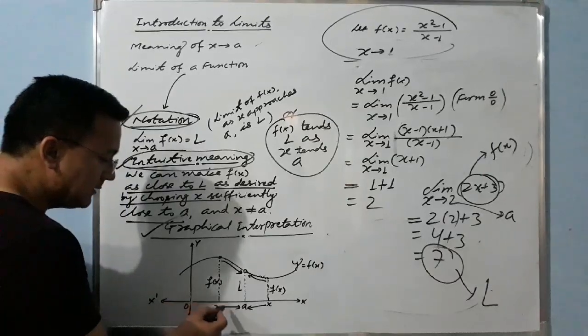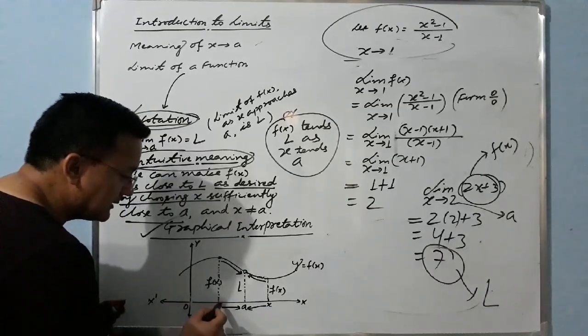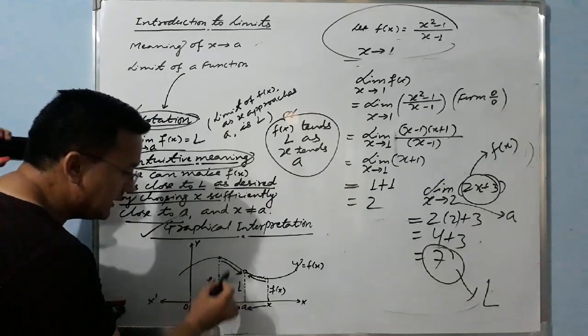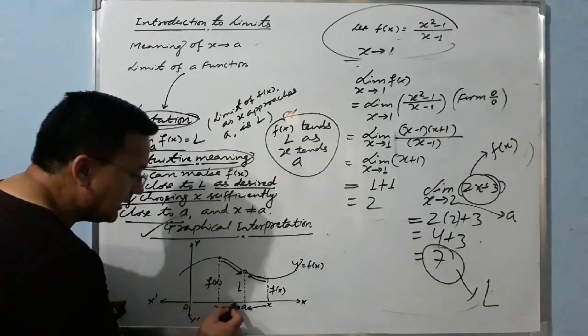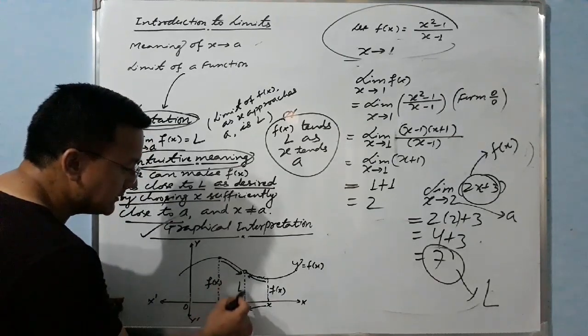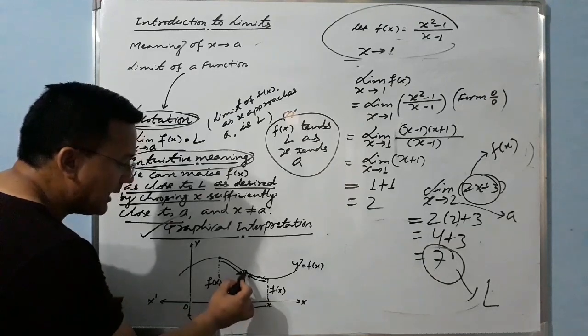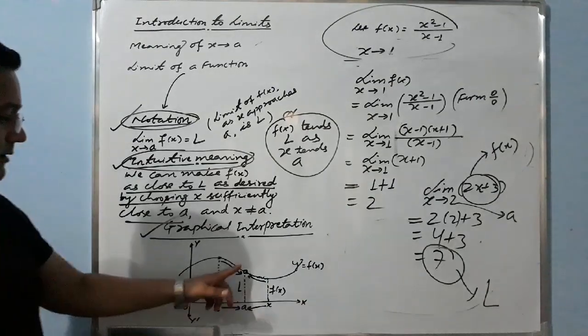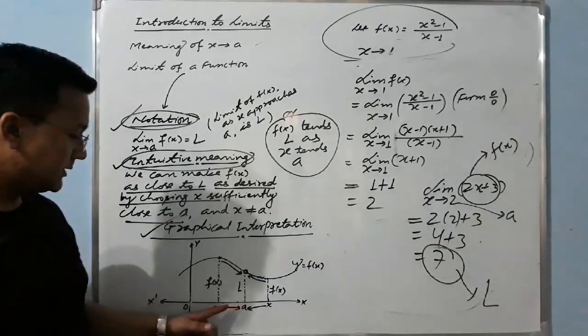If x is here, then L will be here. As x comes closer to a, f of x gets near to L. And this circle represents the limit of the function.